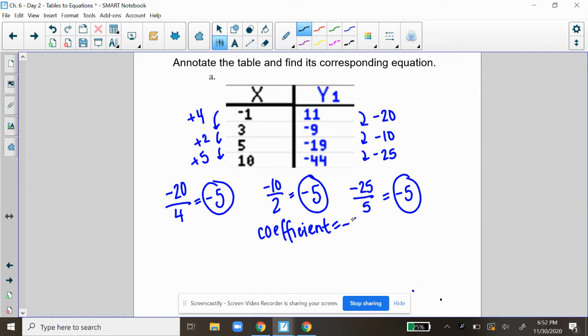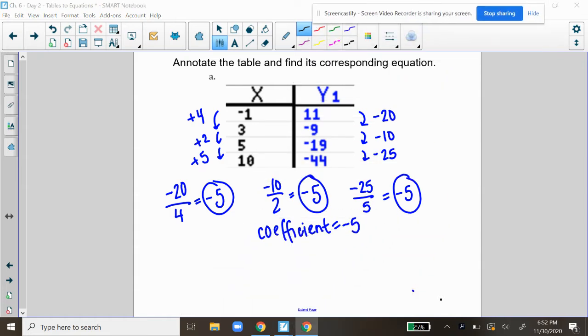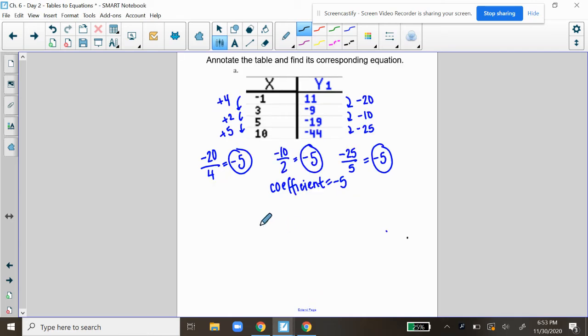So coefficient equals -5. Now what we need to do is figure out our starting value. But notice that 0 is missing from my table. So I'm going to rebuild my table here, where I have x and I have y, and I'm going to write -1, 11, and then I'm going to put a 0. Now, I would rather work off of the -1 here because it's closer to 0 than the 3 is.